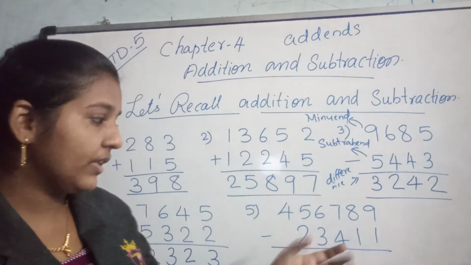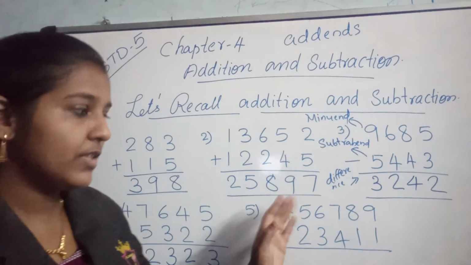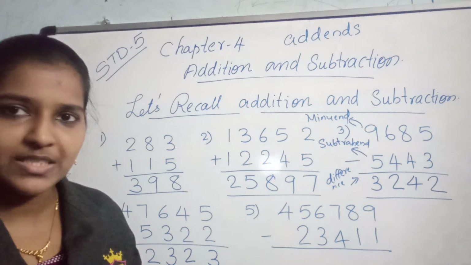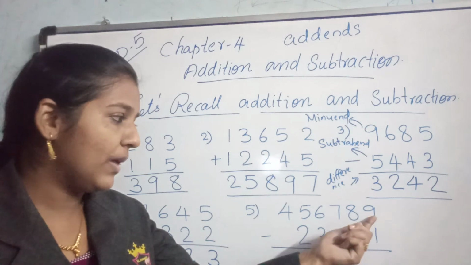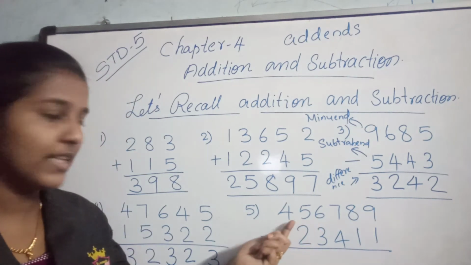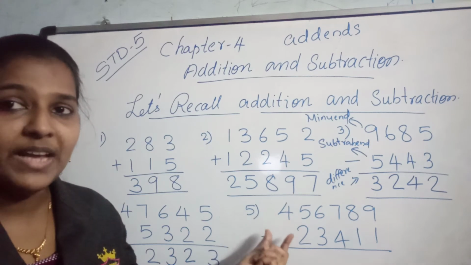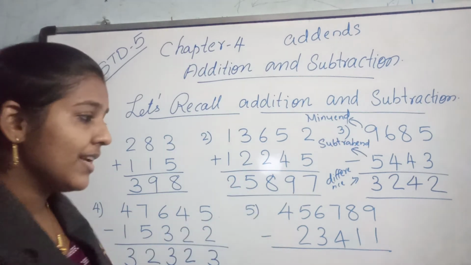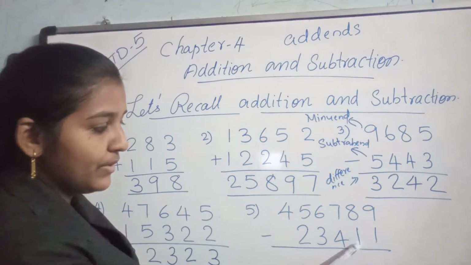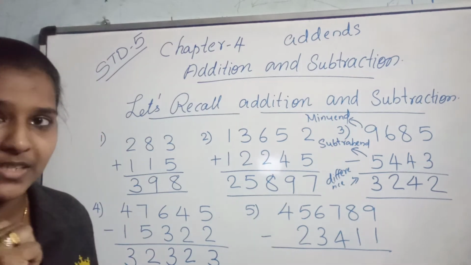Okay. Now the next question is also based on subtraction. So here you have to check if both numbers have the same number of digits. Check it. Look, 1, 2, 3, 4, 5, 6. The minuend has 6 digits in it, but the subtrahend has 1, 2, 3, 4, 5, 5 digits in it. Okay.